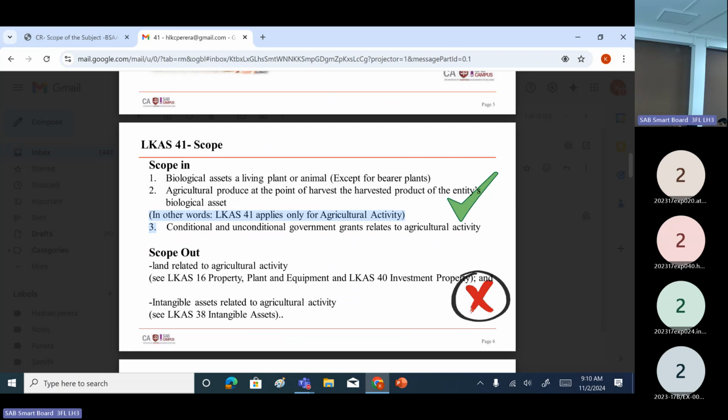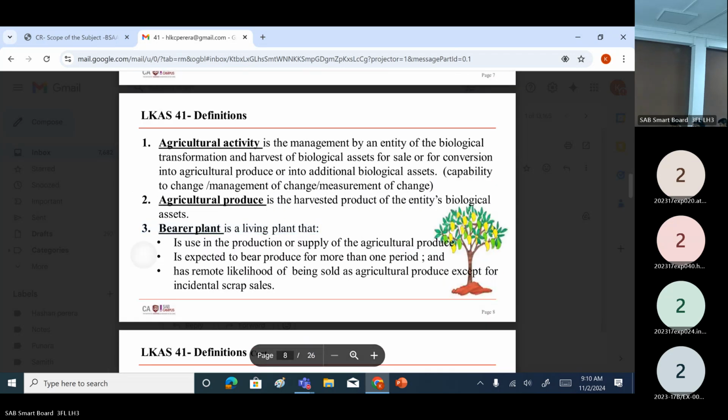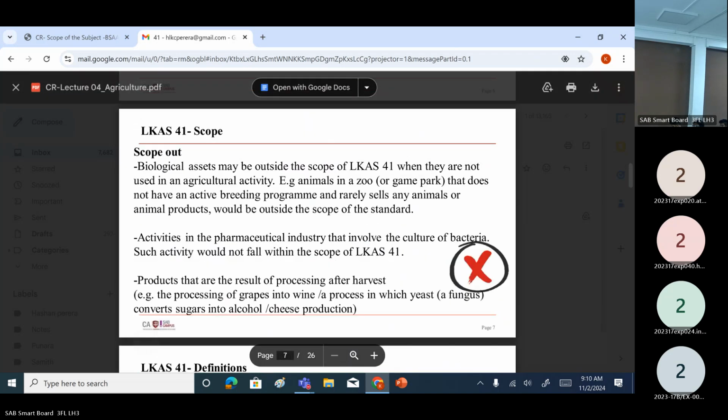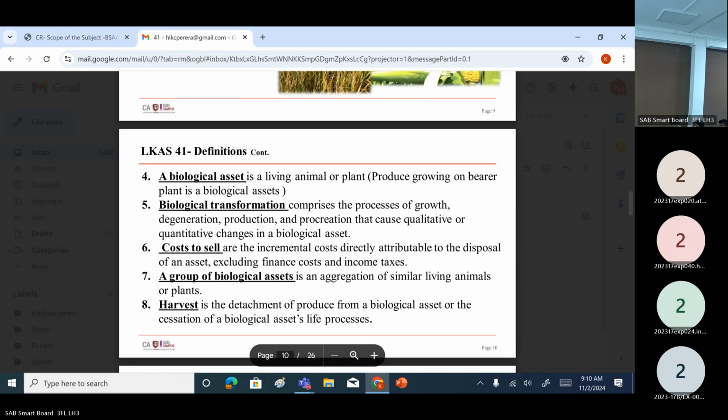We have a definition here. A biological asset is a living animal or plant. The process of growing a plant is a biological asset. So under asset, you have conditions, you have criteria, right?